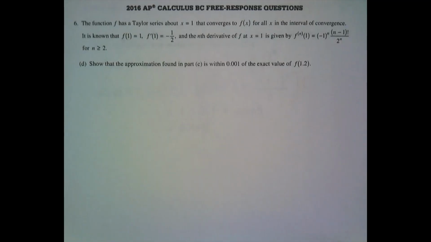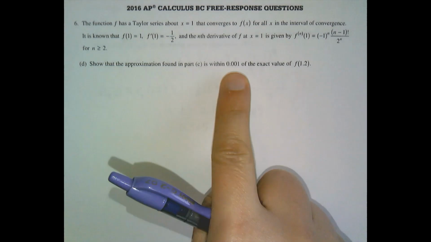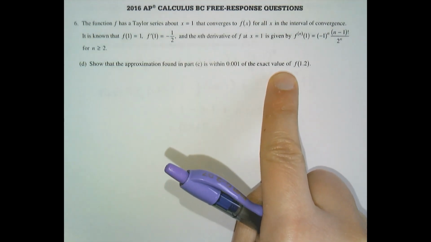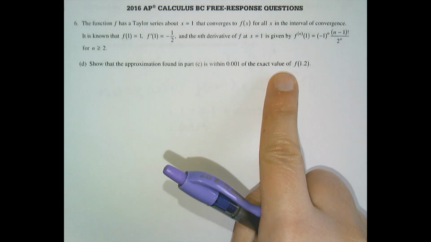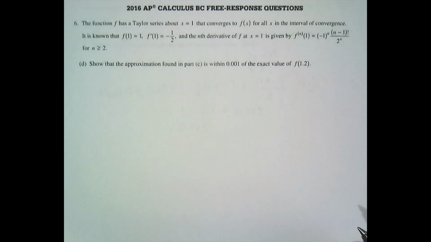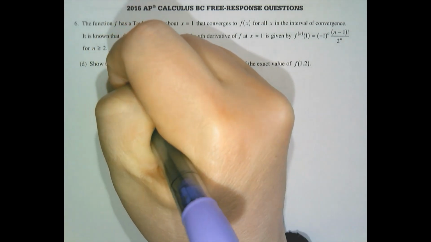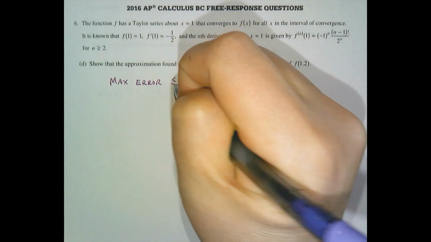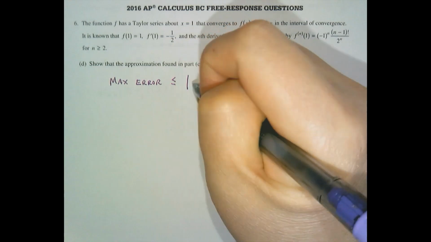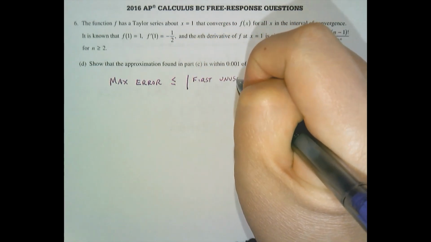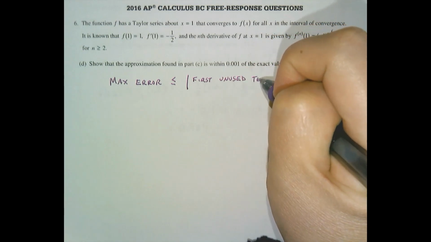All right, and then finally part D. Show that the approximation found in part C is within 0.001 of the exact value. So what we have here is an alternating series, and we've learned that with an alternating series the maximum error is going to be less than or equal to the absolute value of the first unused term.